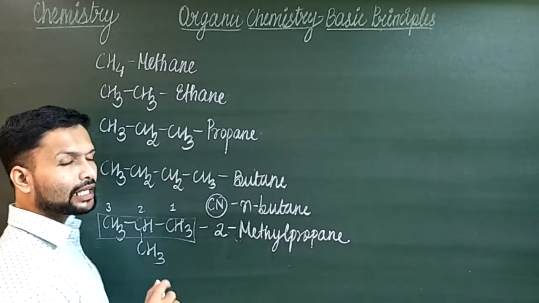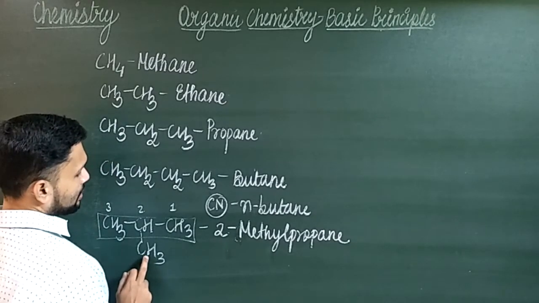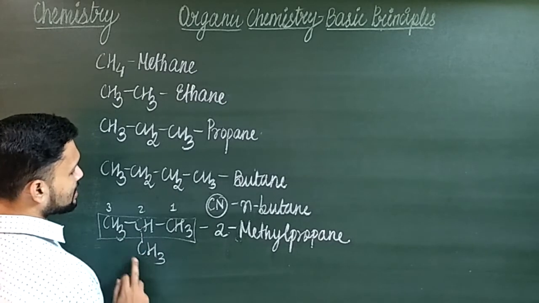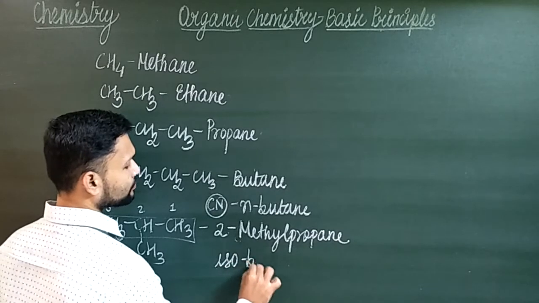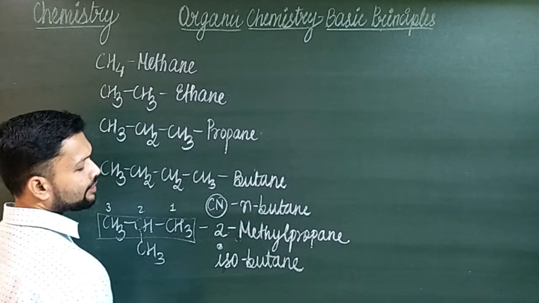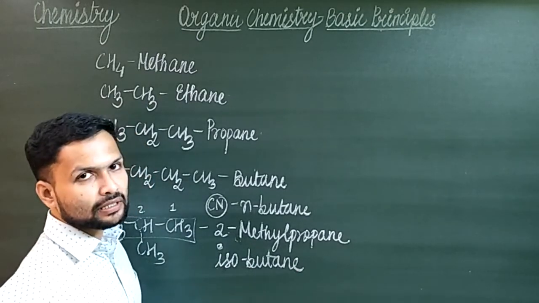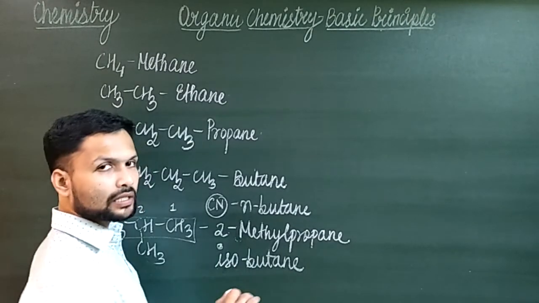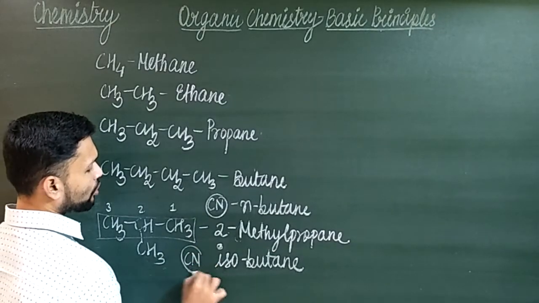This is the iso group because the methyl group is attached to the second carbon, so this will be written as isobutane. Whenever we write iso, it means that out of the butane, 1 carbon is in a branch, or in a discontinuous manner, while the other 3 are in a straight chain. So this is the common name for this structure.